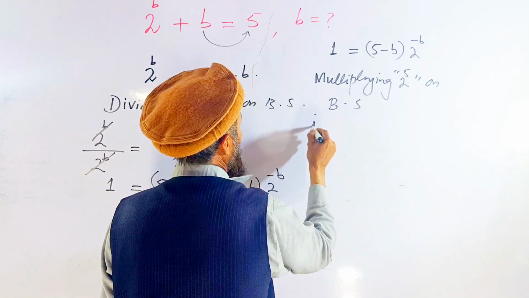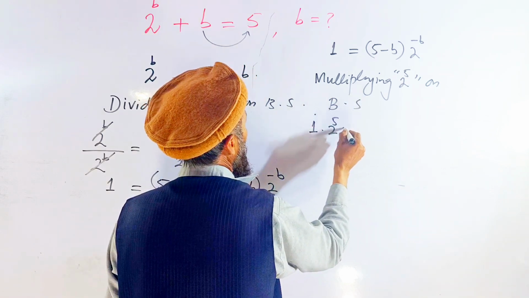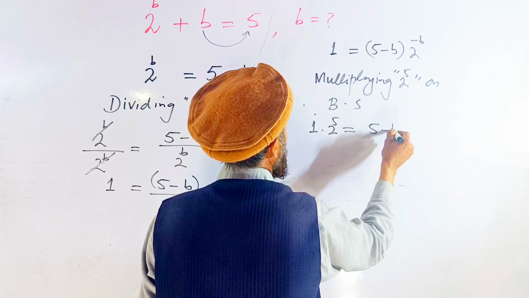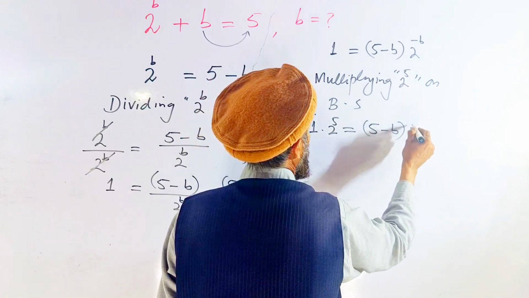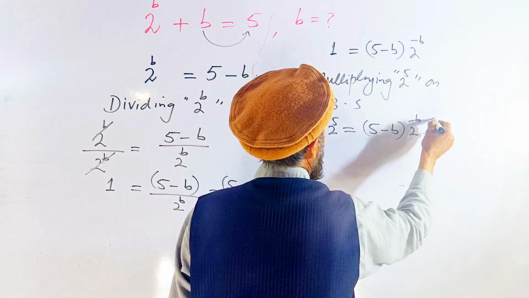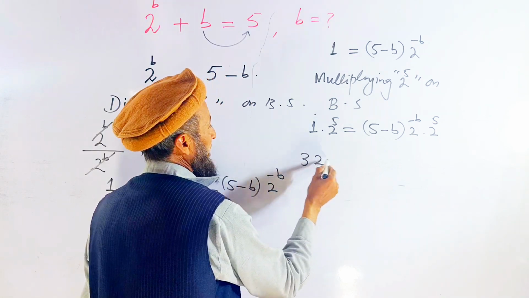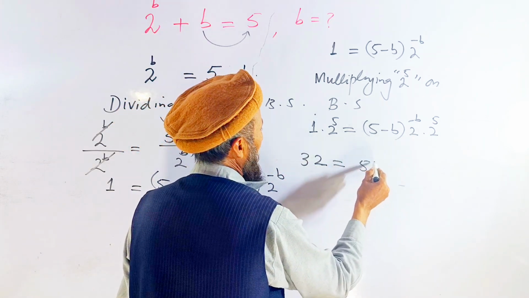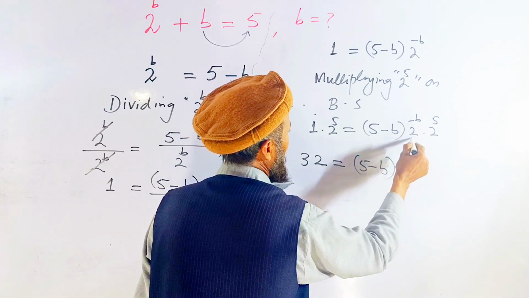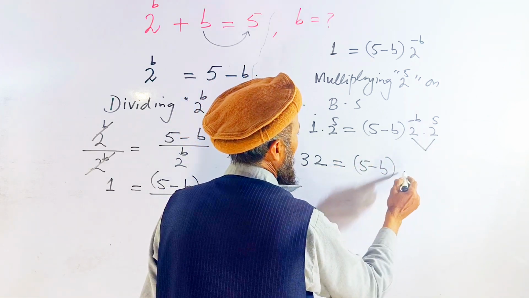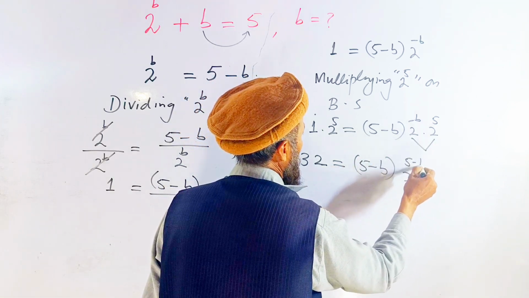So 1 multiplied by 2 exponent 5 is equal to 5 minus b times 2 exponent minus b into 2 exponent 5. So we get 32 is equal to 5 minus b into 2 exponent, and we add the powers, so we can write 2 exponent 5 minus b.